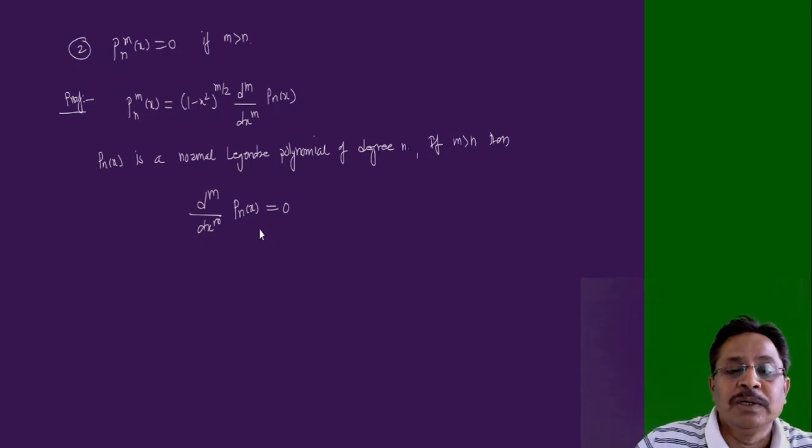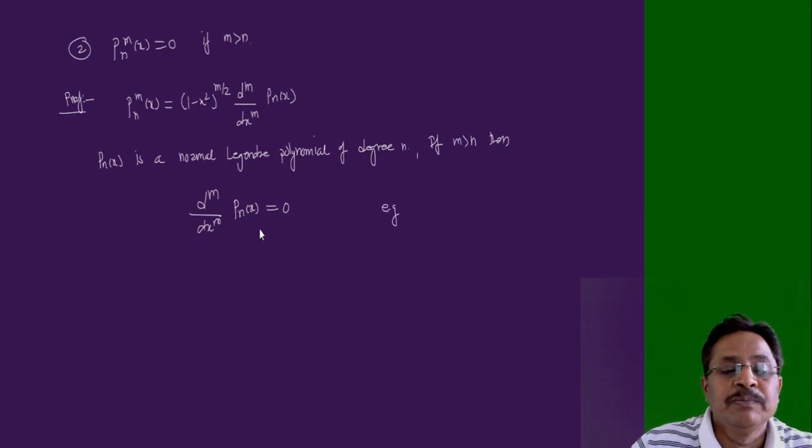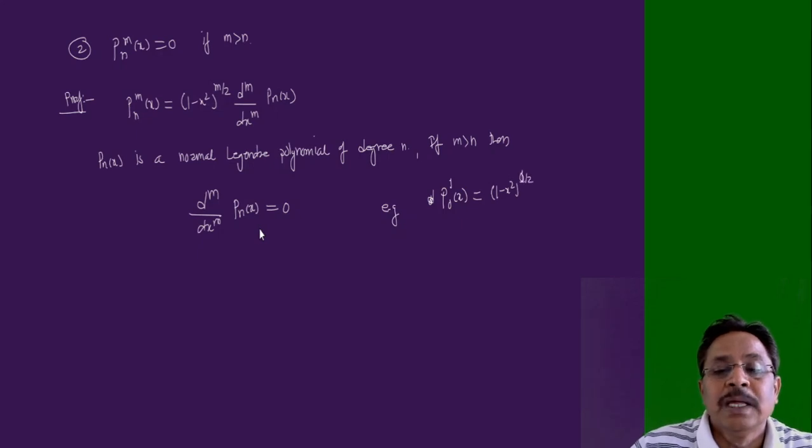For example, if I am supposed to get P_0^1(x), I will write this expression as (1 minus x squared) raised to 1 upon 2, and here d^1 upon dx^1 of P_0(x).